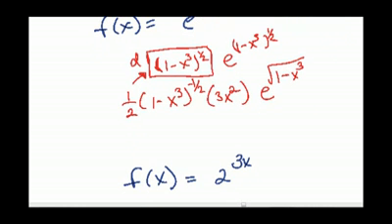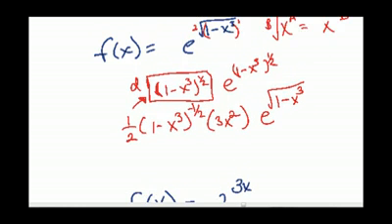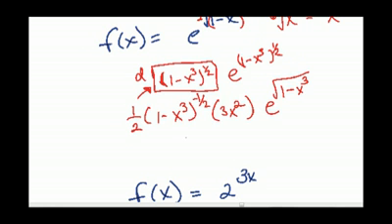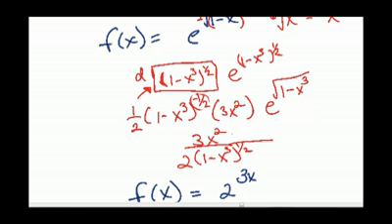You could stop at this point. Most professors aren't that picky as far as their cleanup goes, but there's no sense in having this negative exponent there, so some people will count off for not getting rid of your negative exponents, and all you do is just bring it down to the bottom and make it a positive exponent, and then there's your answer right there.